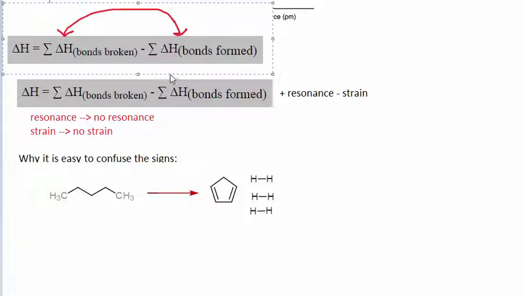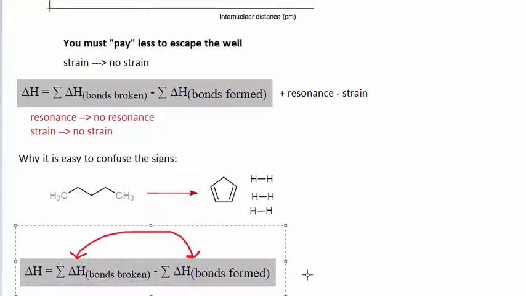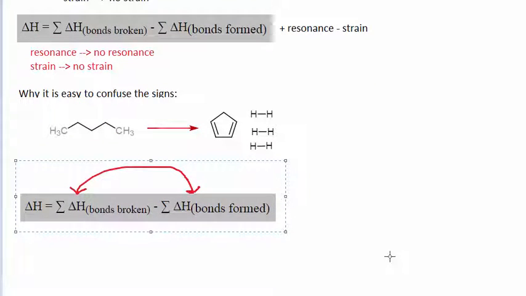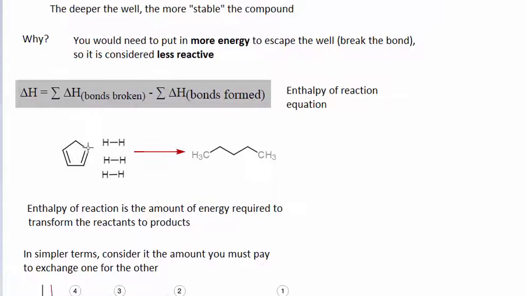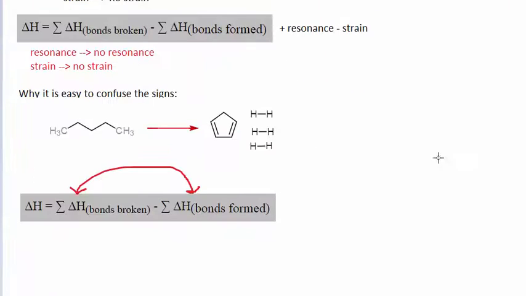So what I'm saying is that when you're talking about the reverse reaction, the bonds that you broke before are now being formed, and the bonds you formed before are now being broken. So really, you're going to be flipping the sign of this enthalpy over here, and that makes sense. If you pay 90 kilojoules per mole to get this to go forward, then if you're going to do the reaction in reverse, you'd expect the opposite thing. You'd expect negative 90 kilojoules per mole.